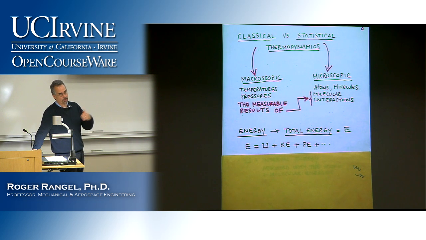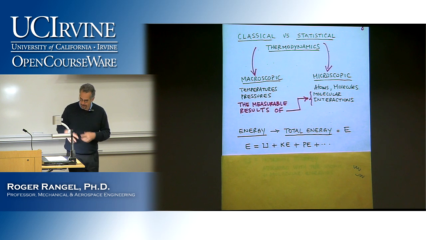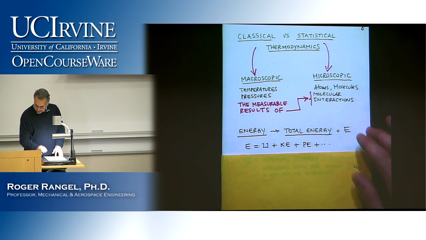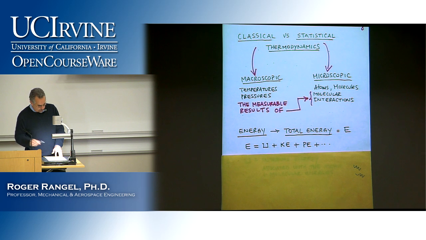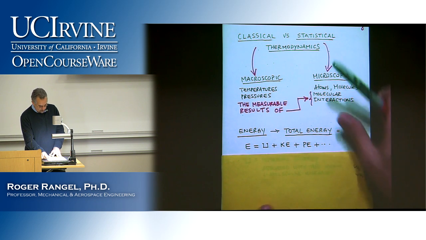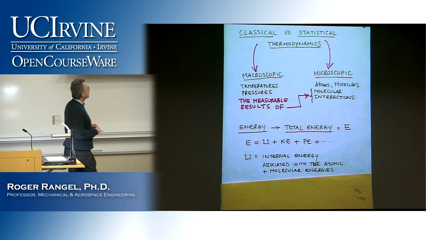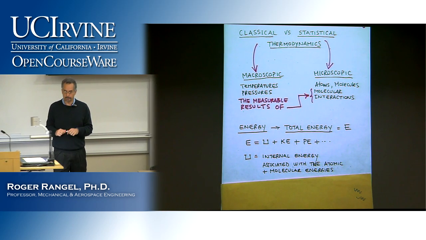So a certain pressure and a certain temperature will be the reflection of molecular activity, and that represents a certain amount of energy that exists within my system. As I said, by far that will be the most important form of energy for us, the so-called internal energy, associated with the atomic molecular energies of the system.